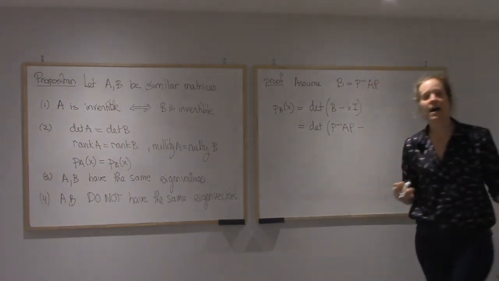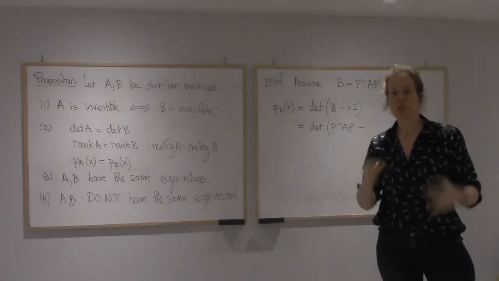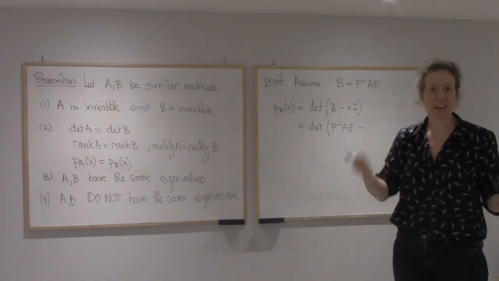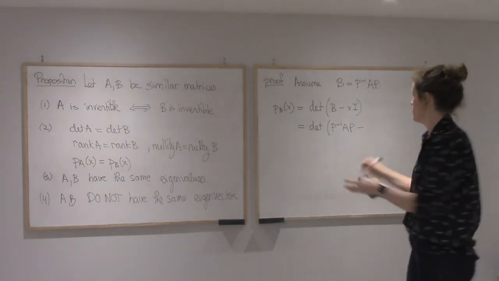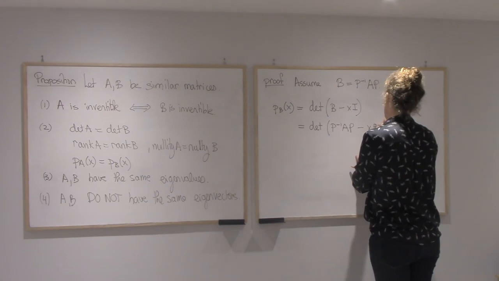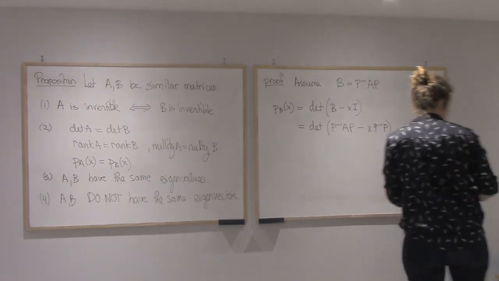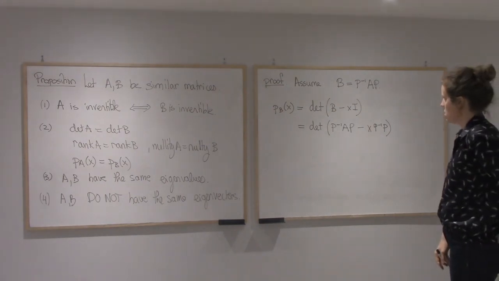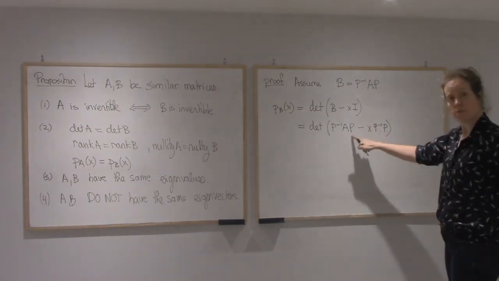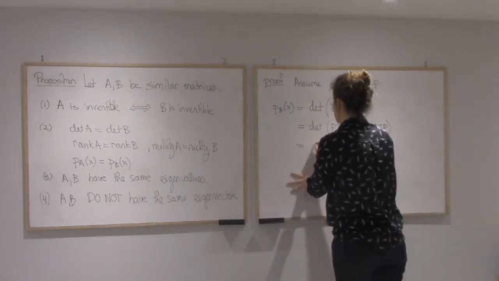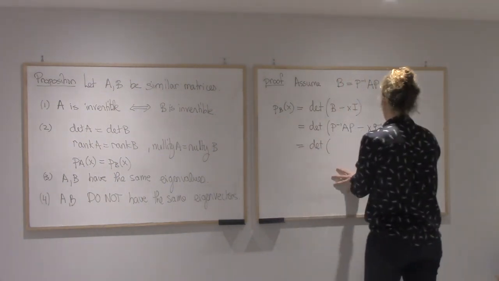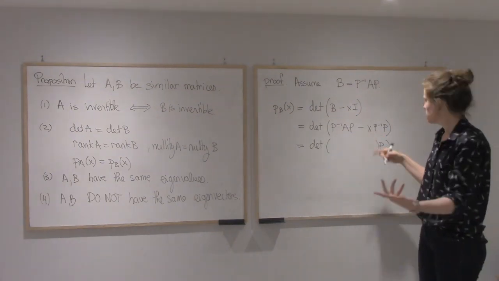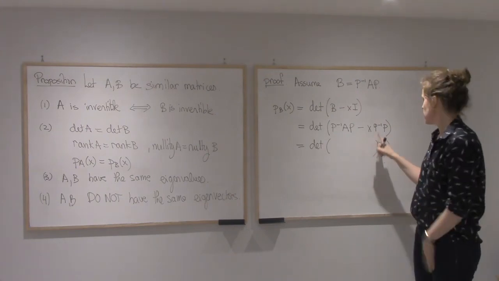And just so I can factor P inverse and P from this, I'm going to write the identity as P inverse P. So I have the matrix P on the right, P inverse on the left.